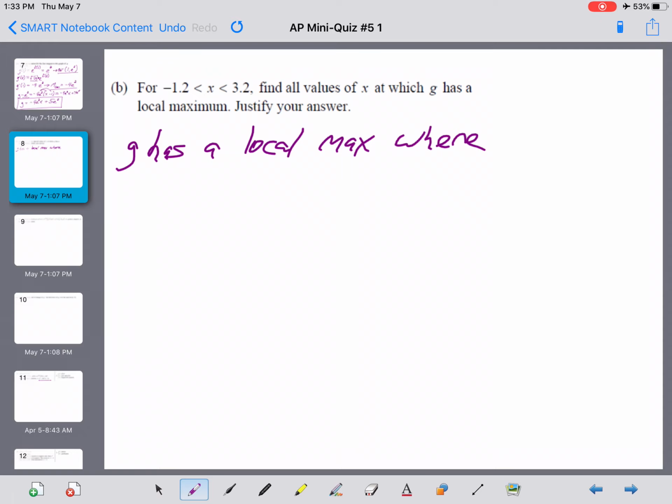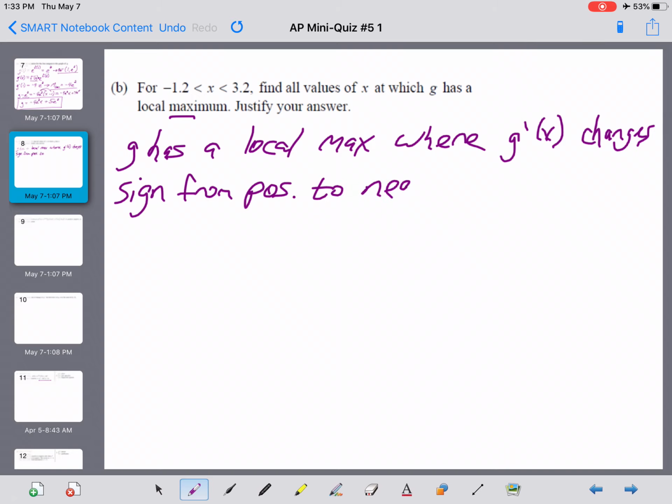But I don't just want to say it. The derivative of g has a name, and that would be g prime of x changes sign, and we should be specific because we're talking about a maximum now, from positive to negative.